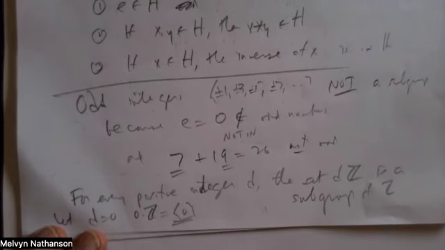So this is just the set consisting of 0. But 0 is a subgroup.